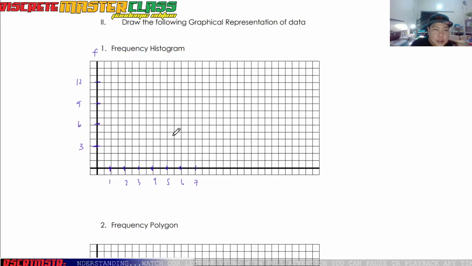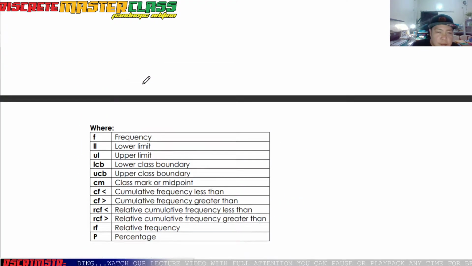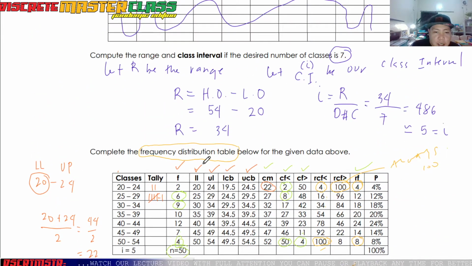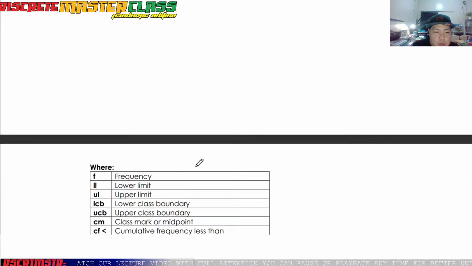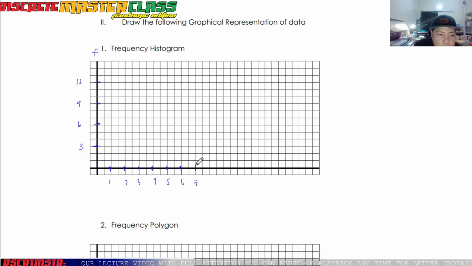What is the frequency? Frequency histogram, no? Ano yung frequency ng first class? I think 2. So, yung frequency ng first class ay 2. So, nandito yon. Okay? Actually, walang tuldok dapat, no? Hindi siya tuldok.